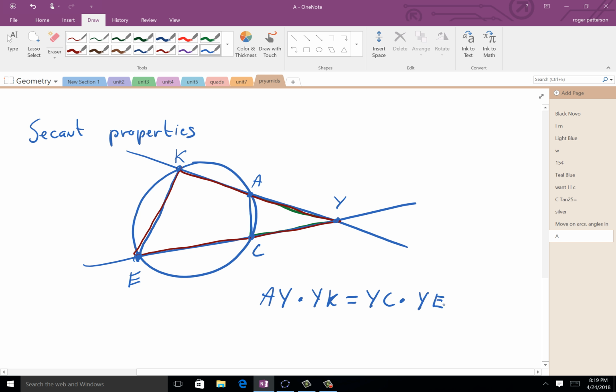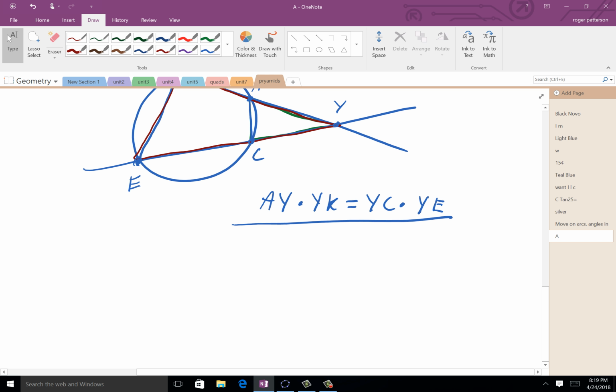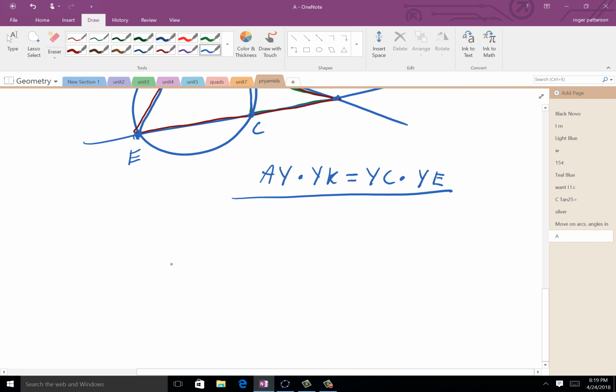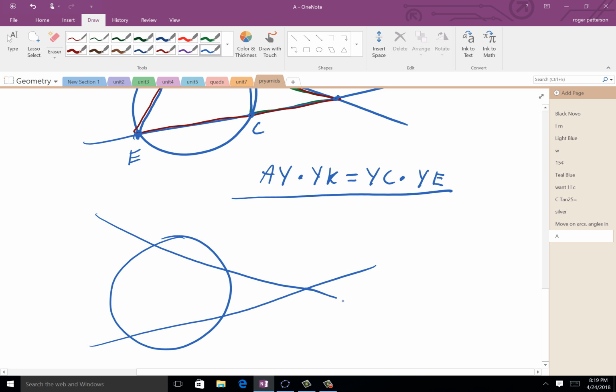When we did the proportion, that's what we got. YA, or AY, doesn't matter, times YK equals YC times YE. Right? Secant to secant. Or secant properties.